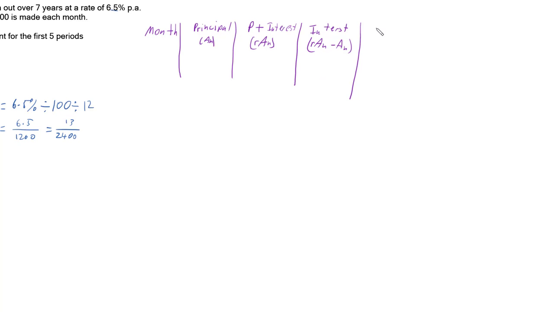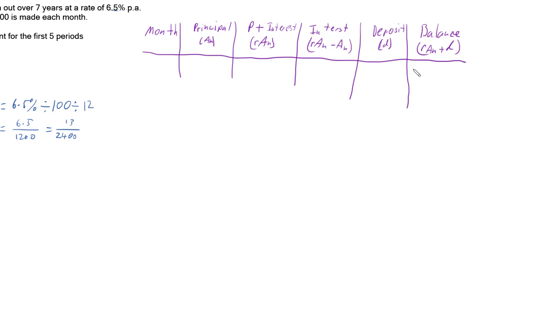We quite often include the deposit that we're going to make, so that's our value D, just in case that changes throughout the investment. And then finally, we can do our balance, which is the formula RAN plus D. That'll tell us the value at the end of that period, in this case, month.